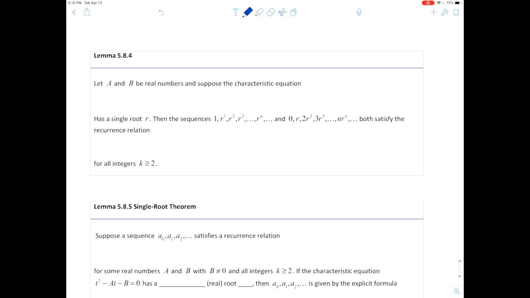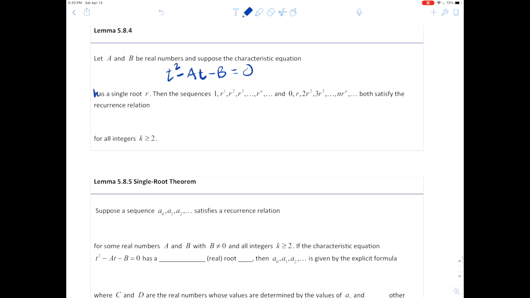So for this lemma here, we'll have a and b be real numbers, and we're going to suppose the characteristic equation t squared minus a times t minus b equal to 0, this should be lowercase, has a single root r.